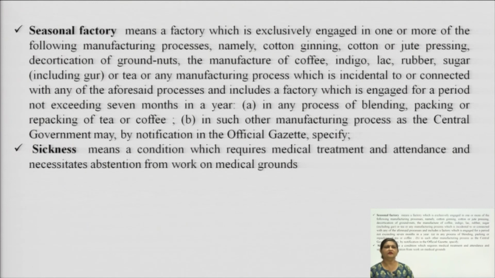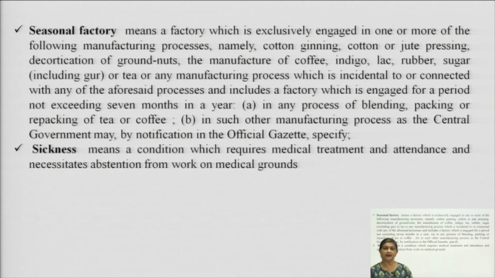Now, next is seasonal factory, which means a factory which is exclusively engaged in one or more of the following manufacturing processes, namely cotton ginning, cotton or jute pressing, the manufacture of coffee, indigo, lac, rubber, sugar or tea, or any manufacturing process which is incidental to or connected with any of the aforesaid processes, and includes a factory which is engaged for a period not exceeding 7 months in a year.